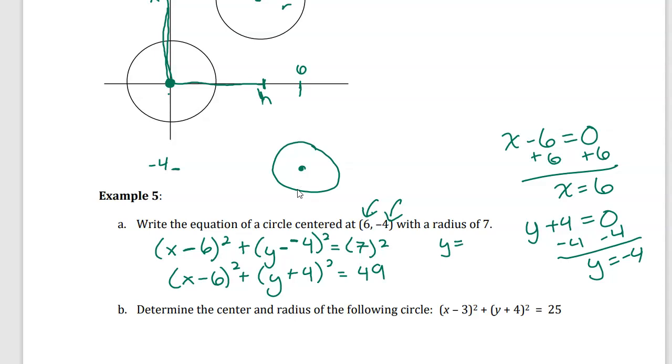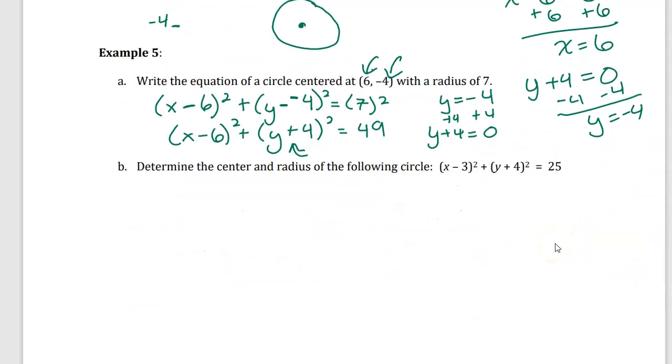You have y is equal to a negative 4. I want to get this to be 0. I want to move things to the other side, so I have to add 4 to both sides. So I get y plus 4 is equal to 0. And that's how this right here comes about. Because we've moved it from the 0 to the negative 4 position. Okay? Maybe that will help you understand why we change the sign a little bit more. It's because we've moved it to the opposite side.